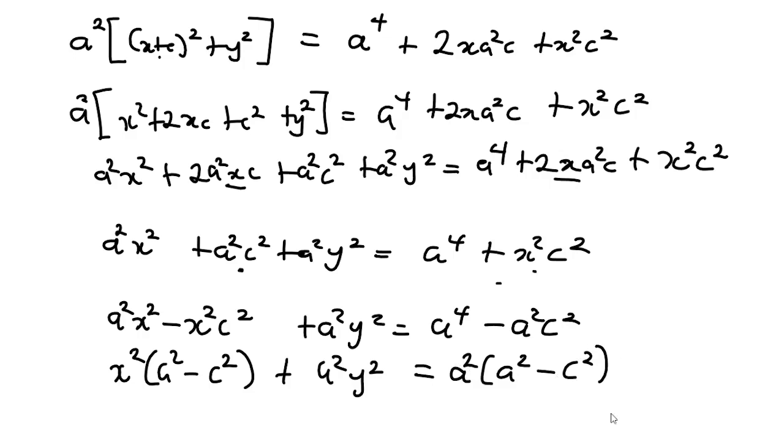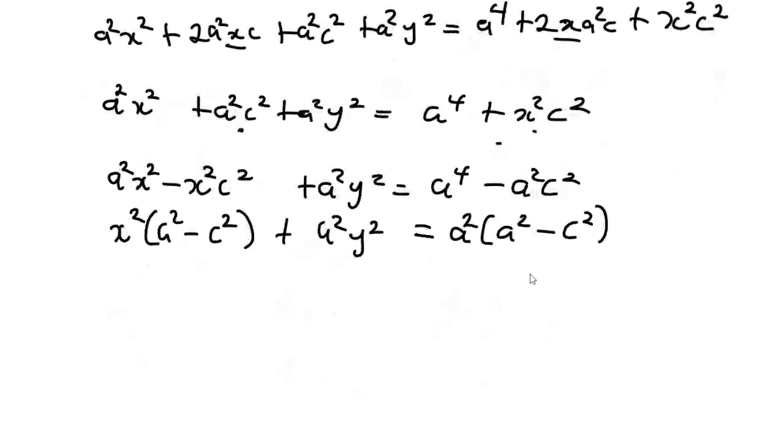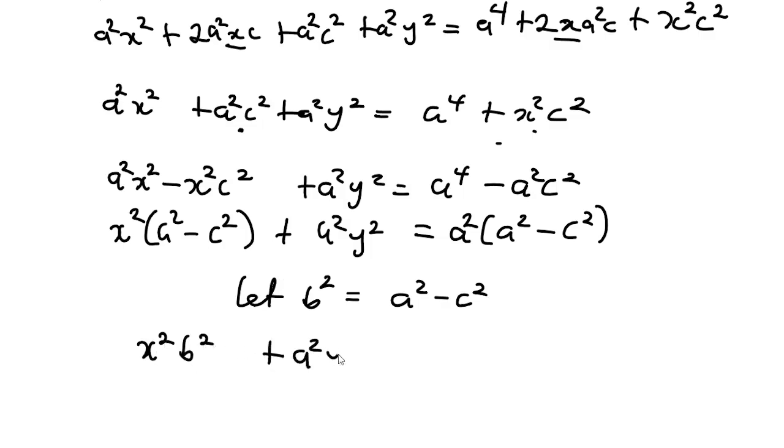Now at this point, let's do something here. Let b squared be equal to a squared minus c squared. So what happens if b squared is that? Then now we have x squared b squared plus a squared y squared being equal to a squared b squared.